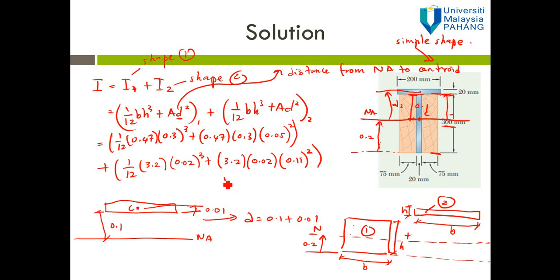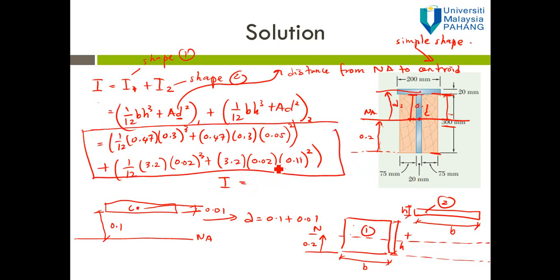Alright, so for I, you can use your calculator to solve this equation. So I is equal to 2.186 times 10 to the minus 3 m to the power 4.